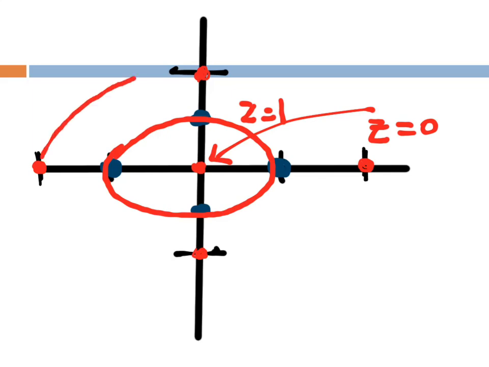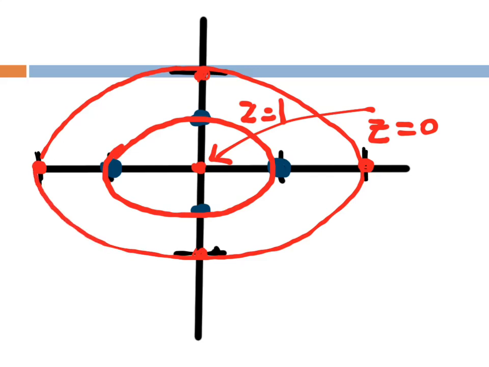And then I'm going to draw a bigger ellipse out here. And then we'll label this as z equal 4.